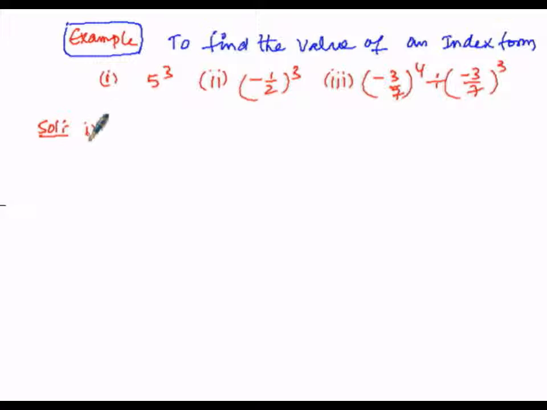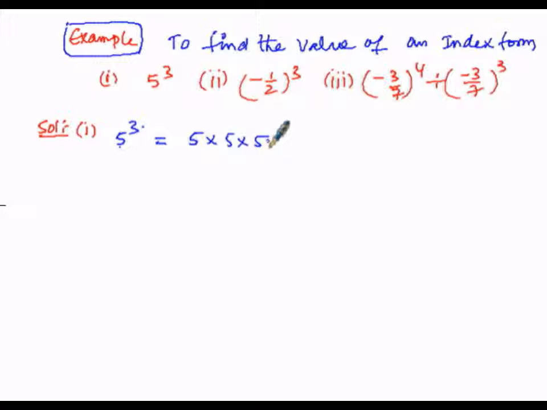Now the solution for the first one, I have to find the value of 5 cube. So this is the exponential notation or the index form. First of all I have to write it in expanded form. So 5 must be repeated thrice, 5 into 5 into 5.